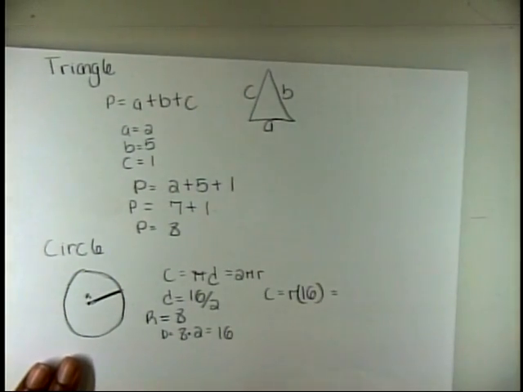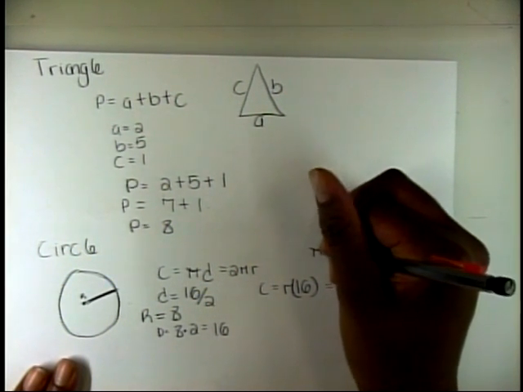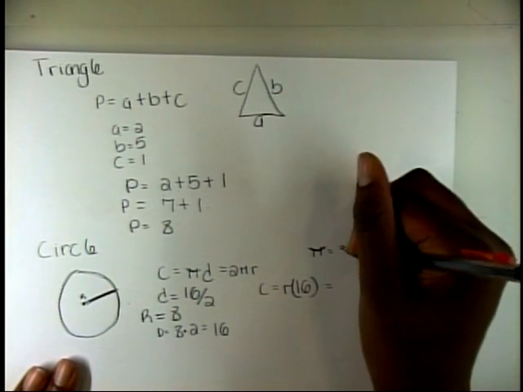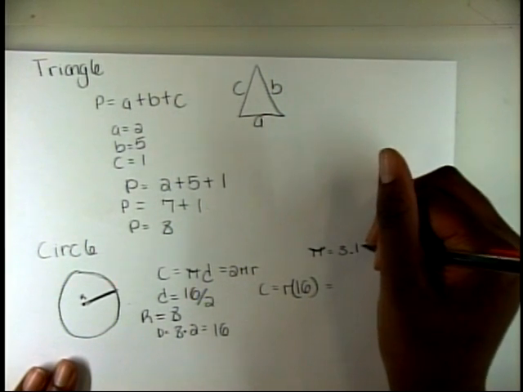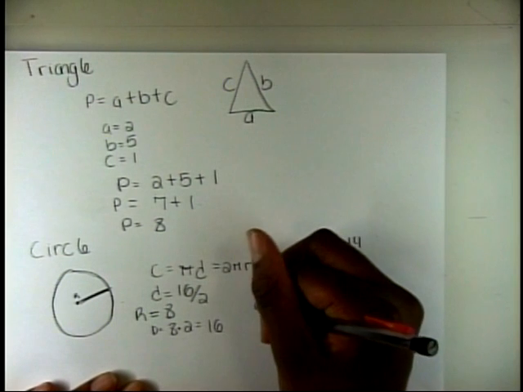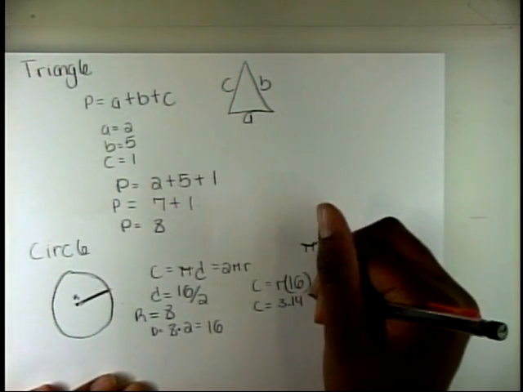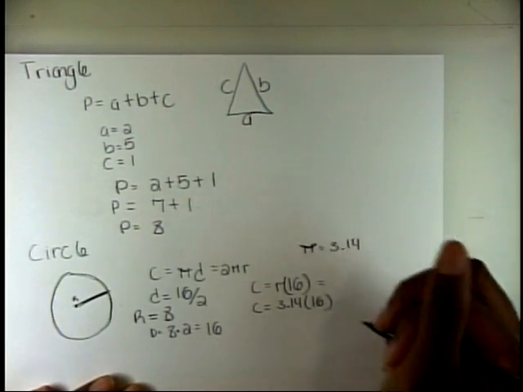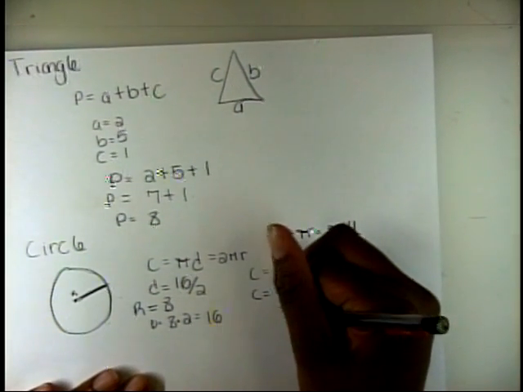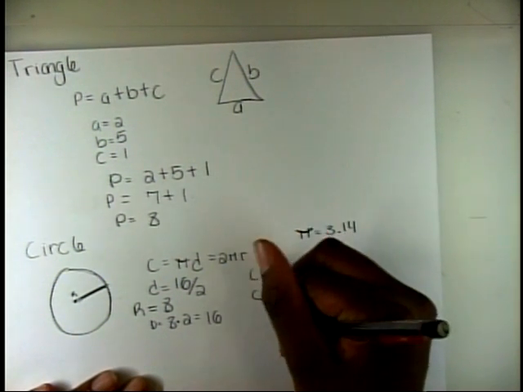You may be wondering what is pi. Pi is 3.14. So I would say C equals 3.14 times 16.